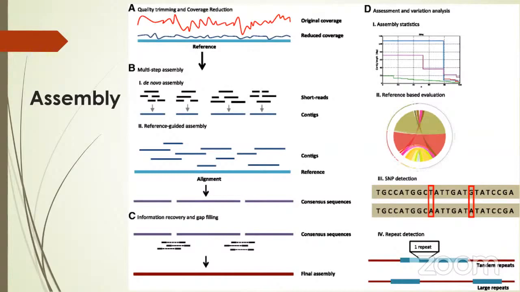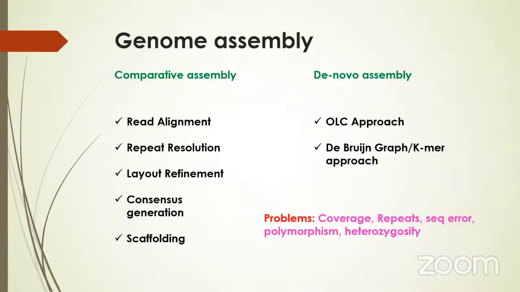Now, for assembly there are two kinds of assembly: comparative assembly and de novo assembly. Comparative assembly means when you have a reference genome. For example, for rice, Oryza sativa, you have the complete sequence, but you now want to sequence Oryza nivara or Oryza japonica.